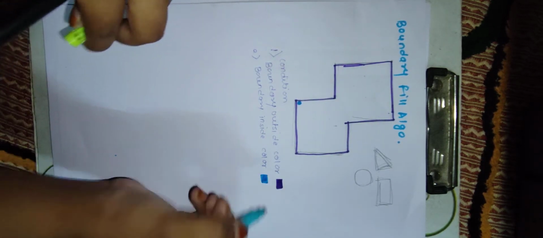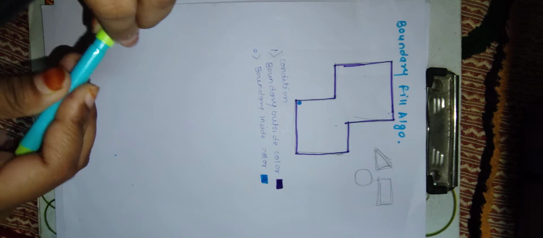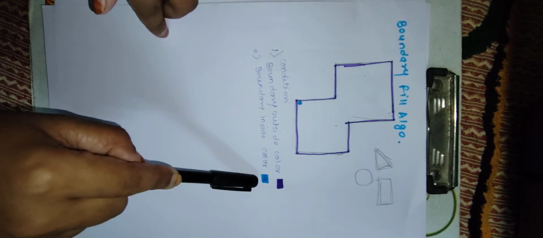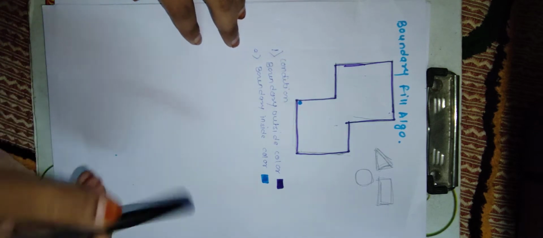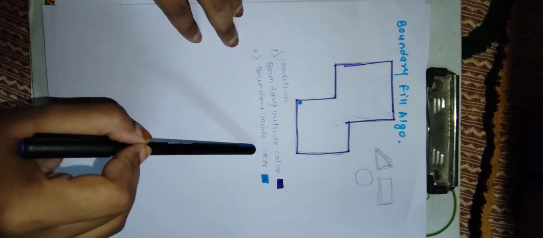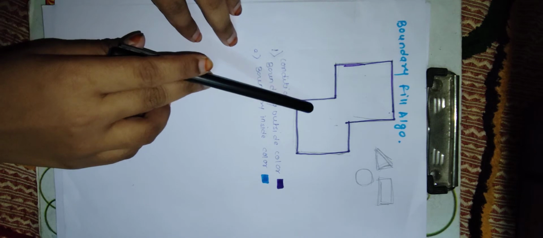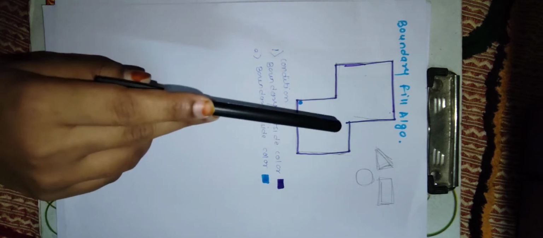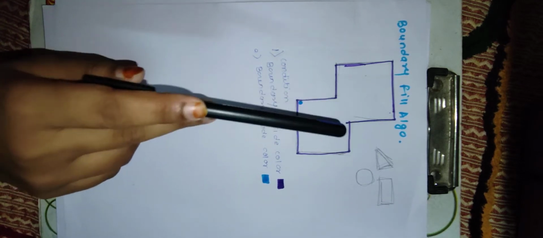So the condition says we have to check the outside color of the boundary, whether the outside of the polygon is filled or not, or whether the inside of the polygon has some color filled or not.